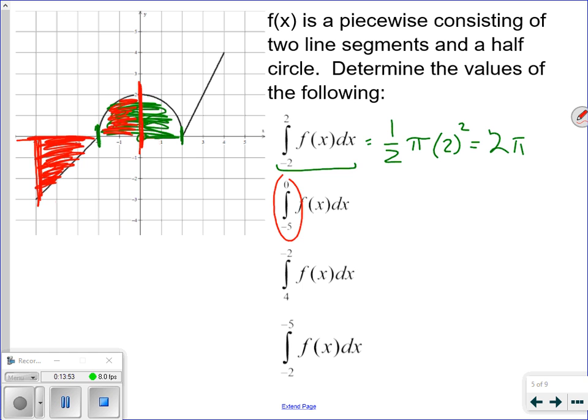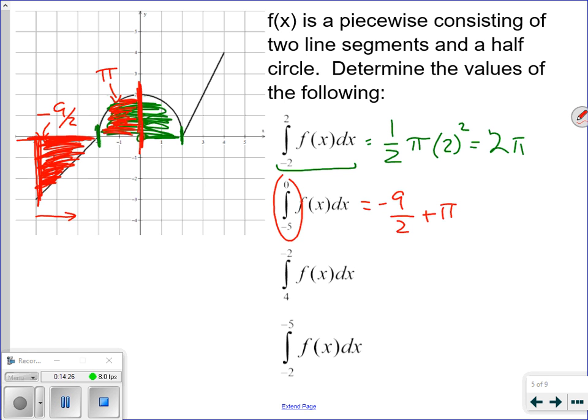And it's a triangle, so that's base, which is 3, times height, which is 3, divided by 2. So this is negative 9/2 for the area of the triangle. And we already know that the semicircle is 2 pi, so half of that semicircle would just be pi. So my answer is negative 9/2 plus pi.